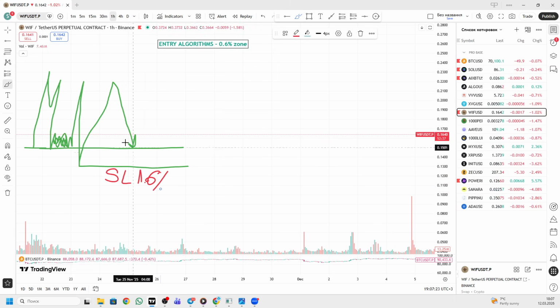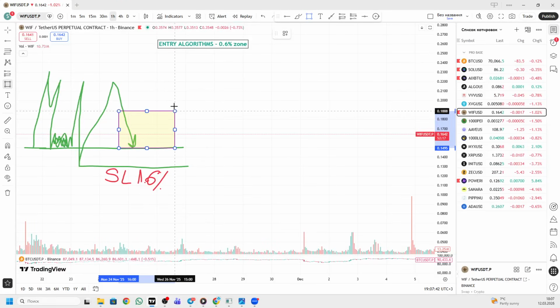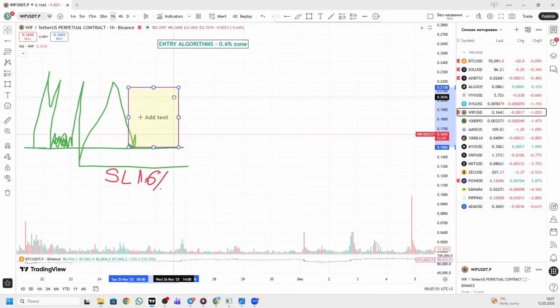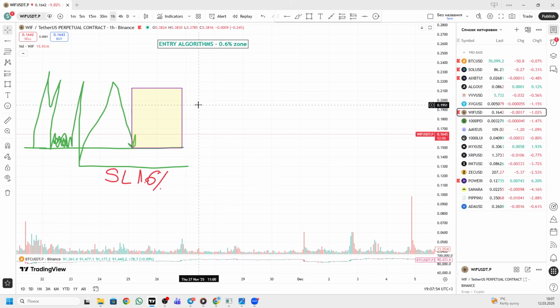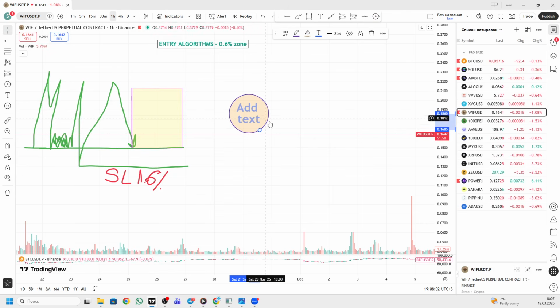But now, instead of building the entry manually, candle by candle on the 1 minute chart, you remember? You build it using limit orders. Let's say here is your zone. Let's mark it like this, for example. Let's say we have $20.